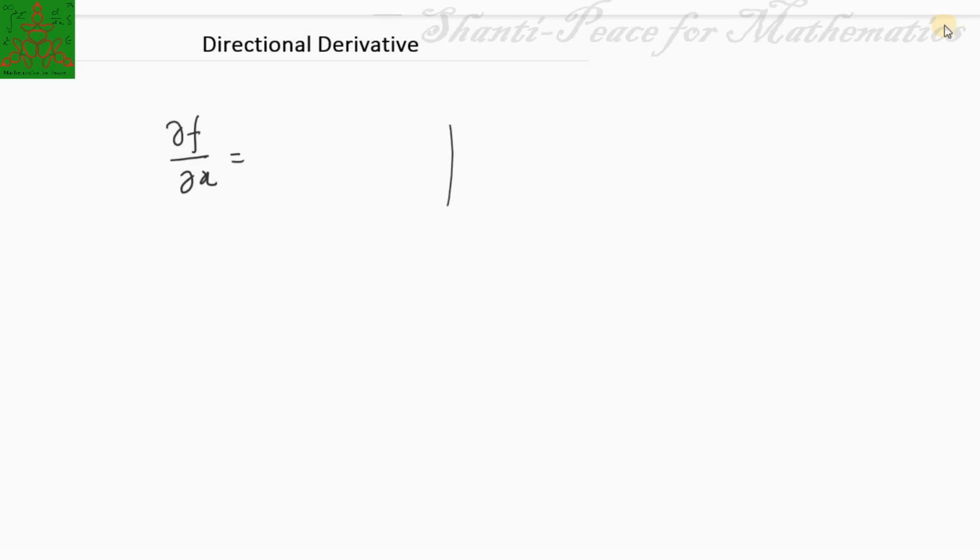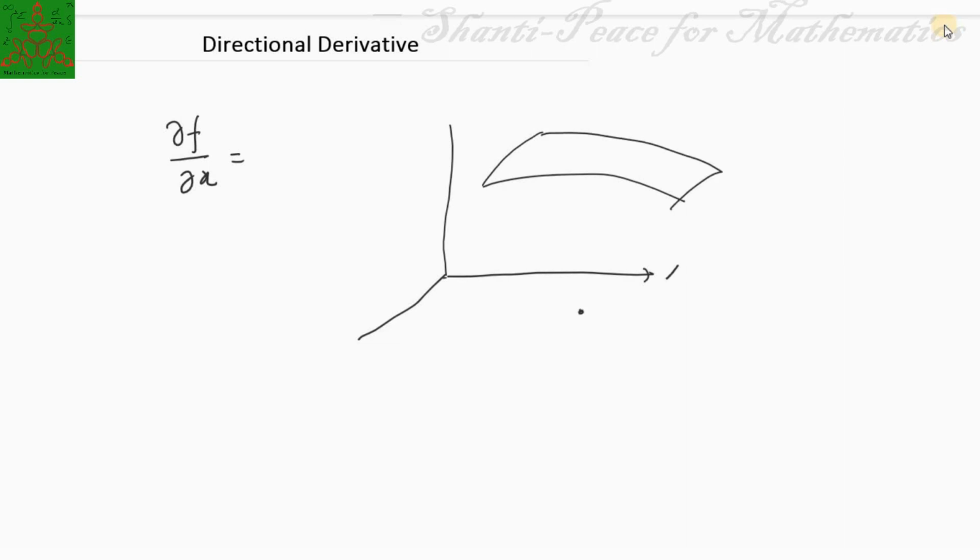Say this is your x axis, y axis and z axis, and the surface is here. If your point x0, y0 is here, then in the x direction, that is in this direction, if you want to find the rate of change of this function, you can calculate it by del f by del x.